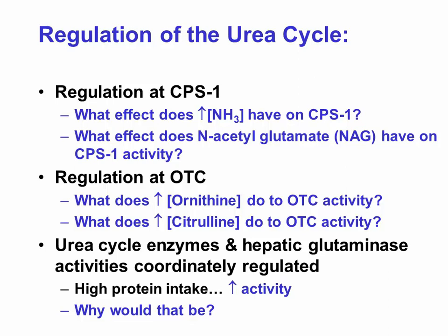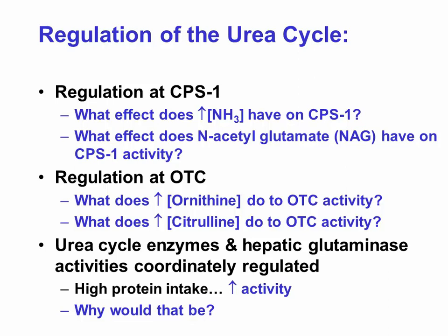Where is arginine in the urea synthetic pathway, the cycle? Where does arginine show up? The beginning, the middle, the end? The end, right? It's the last step. Arginine gets cleaved to yield urea, right?